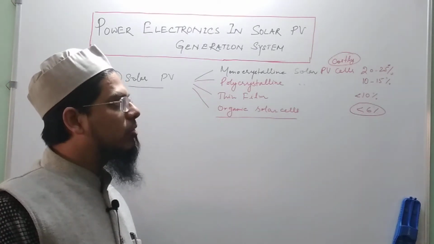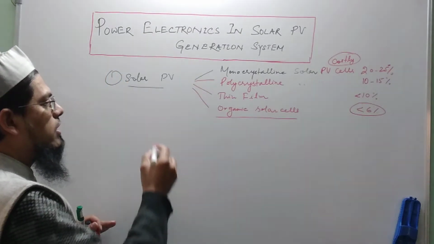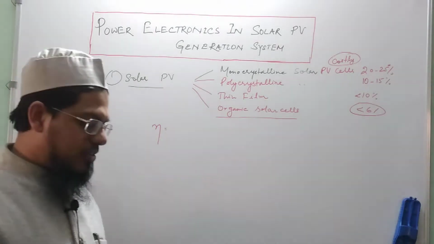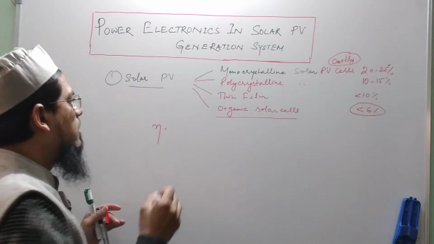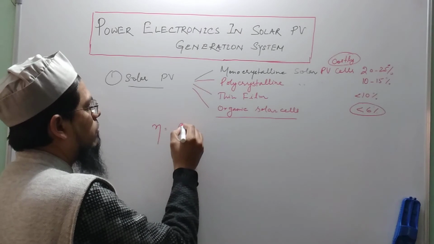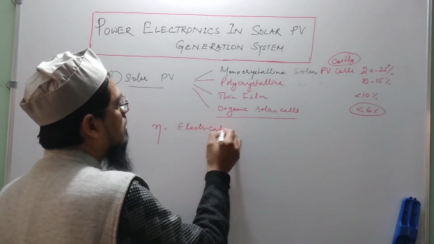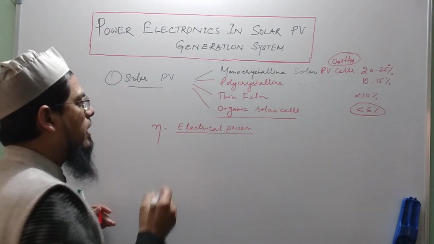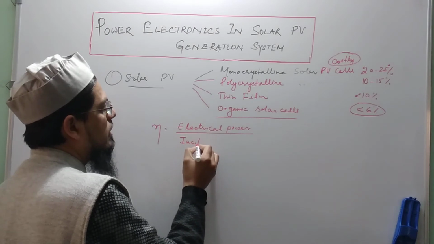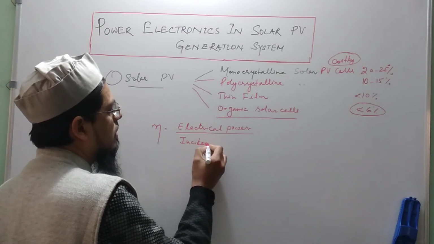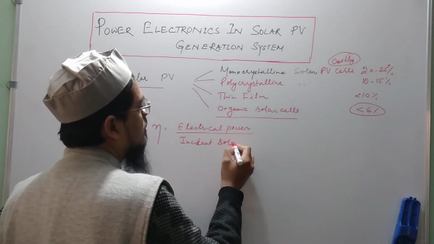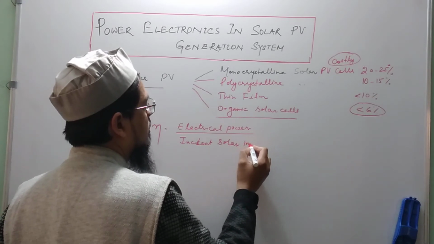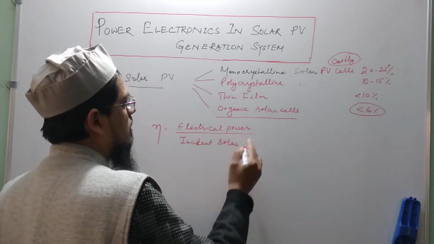So at this point, let me talk about the term efficiency in terms of a solar PV cell. We define efficiency as the electrical power that is generated from the solar PV cell and the incident solar insolation or incident solar light.